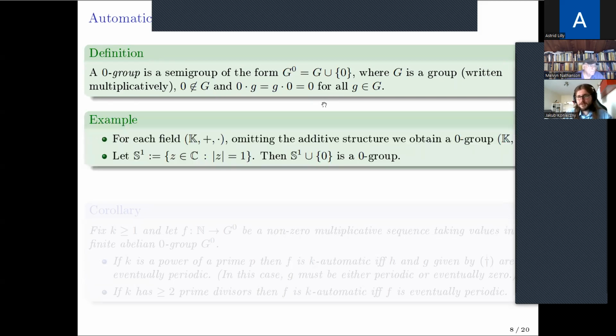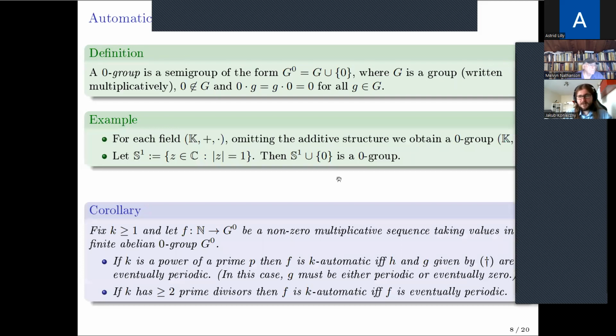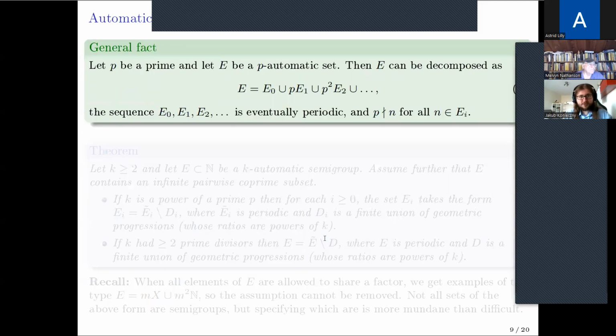So for instance, if you take any field, then the multiplicative semigroup is a zero group. Or if you take the circle and add to it the zero, this is again a zero group. And exactly the same statement can be proved for multiplicative sequences taking values in zero groups. I'm not going to repeat it because it's exactly the same.